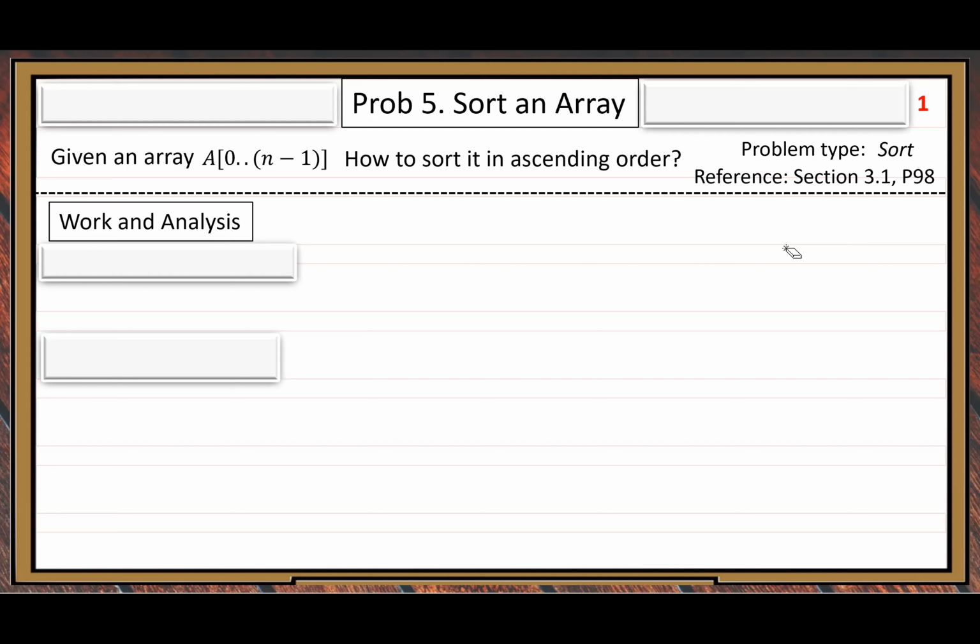Let's do analysis. Remember the title, learning from the experience. When we need to solve this problem, we need to recall some related experience we have. So that's module 1.